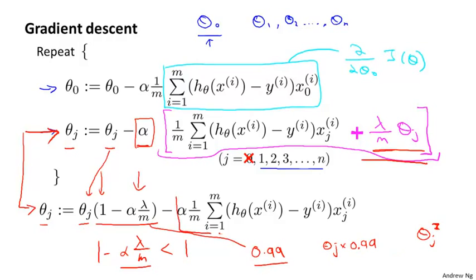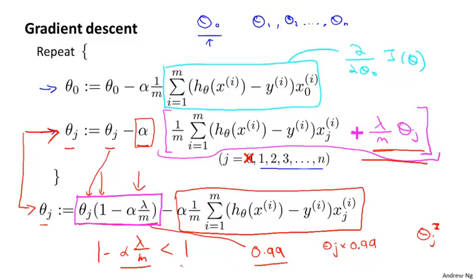And then after that, the second term here is actually exactly the same as the original gradient descent update that we had before we added all this regularization stuff. So hopefully this update makes sense. When we're using regularized linear regression, what we're doing is on every iteration, we're multiplying theta j by a number that's a little bit less than 1, so we're shrinking the parameter a little bit, and then we're performing a similar update as before.